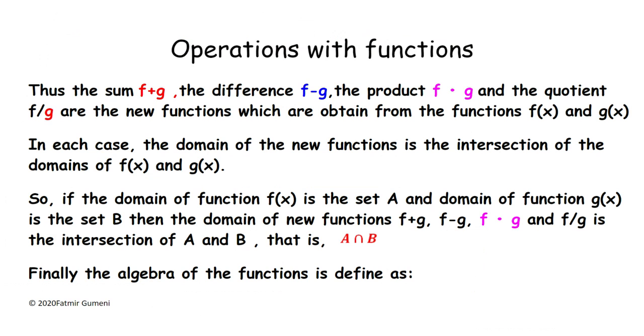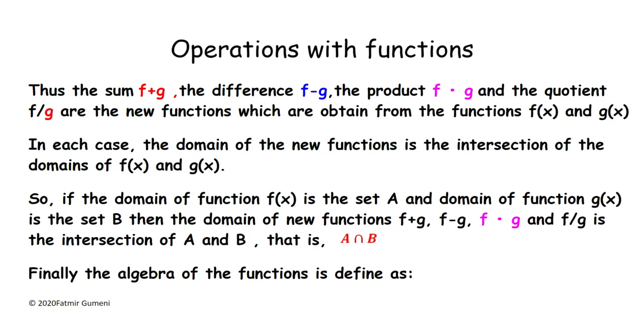Operation with functions. Thus the sum f plus g, the difference f minus g, the product f times g, and the quotient f over g are the new functions which are obtained from the functions f of x and g of x by applying the usual arithmetic operations. In each case, the domain of the new function is the intersection of the domains of f of x and g of x.